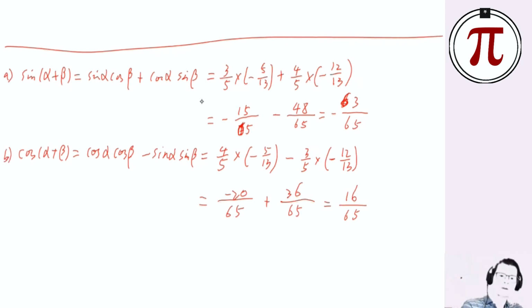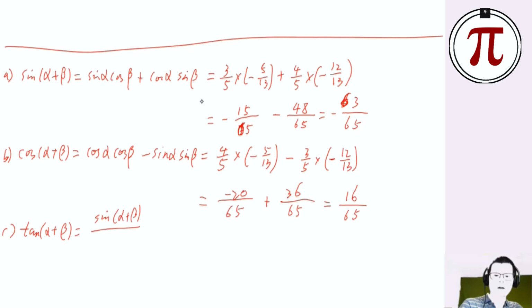Now here is A, here is B. Then C is tangent of alpha plus beta. For this one you can just use sine of alpha plus beta over cosine of alpha plus beta. So plug in negative 63 over 65 over 16 over 65, which equals negative 63 over 16.